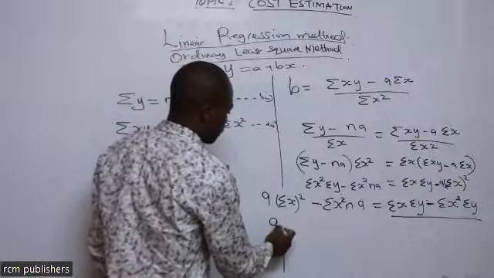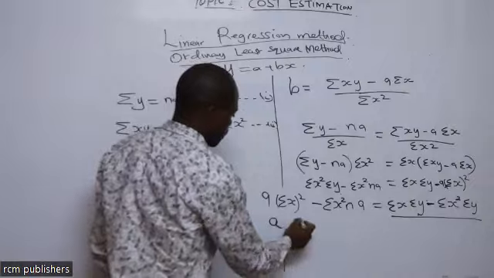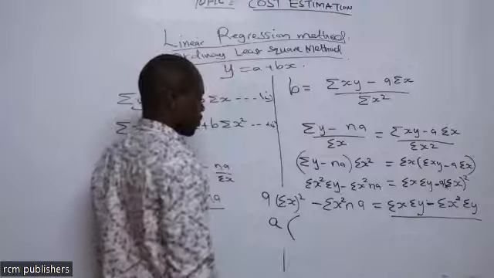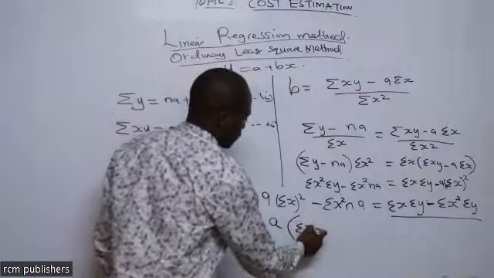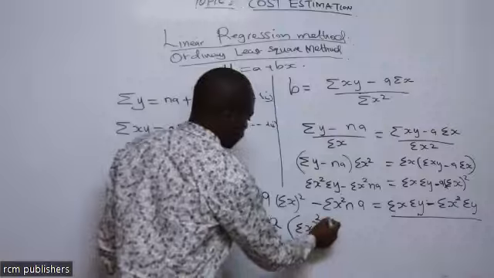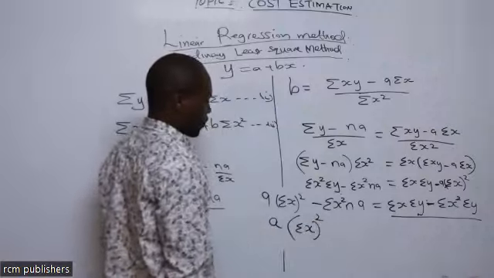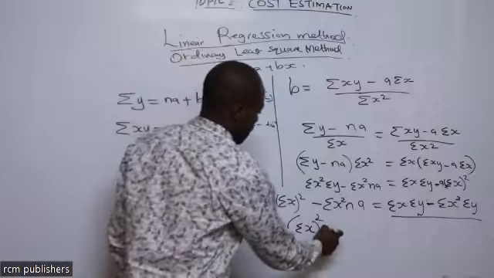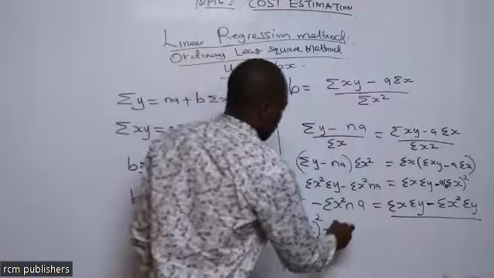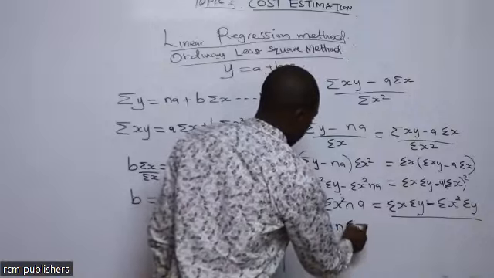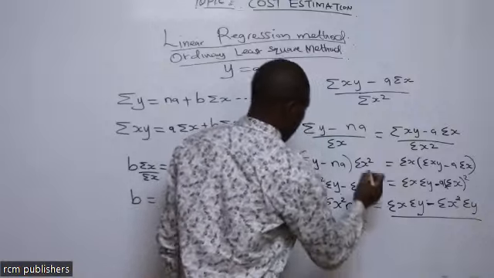So A into bracket summation of x squared minus n summation of x squared.